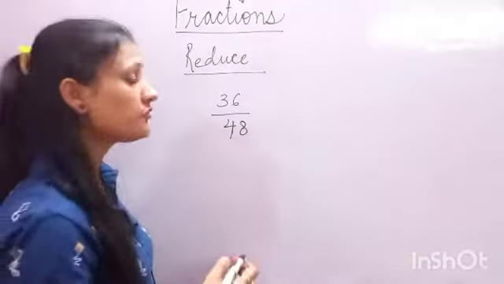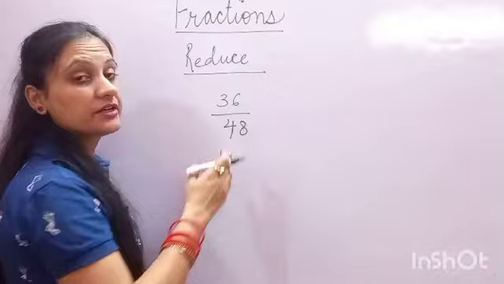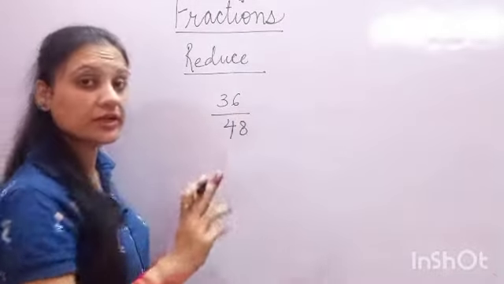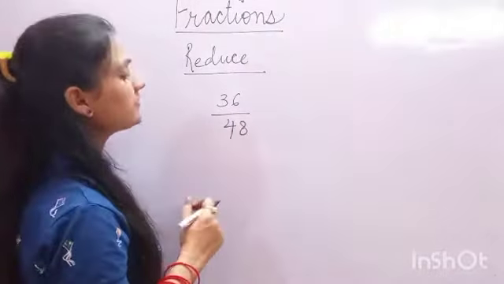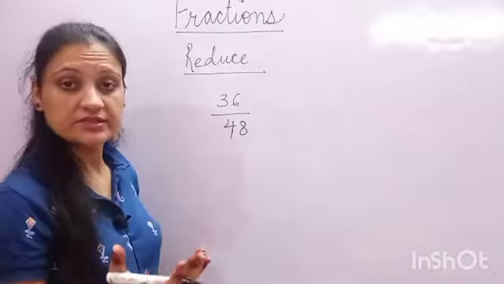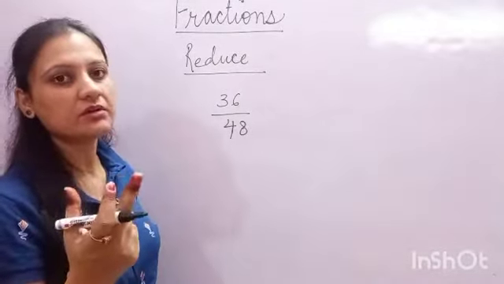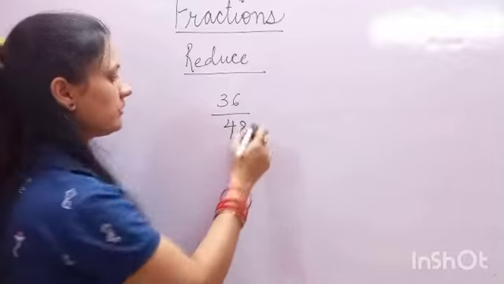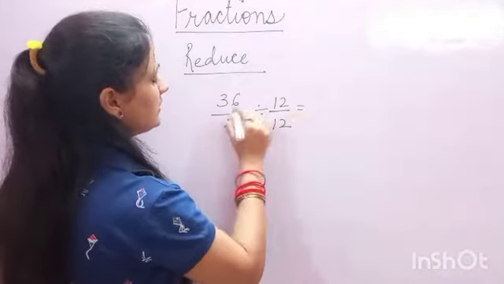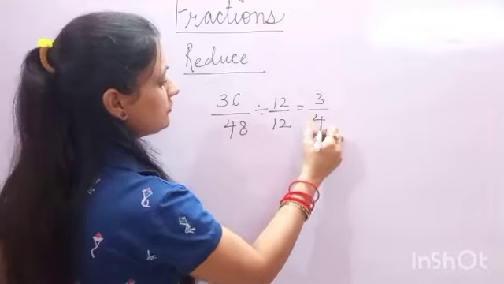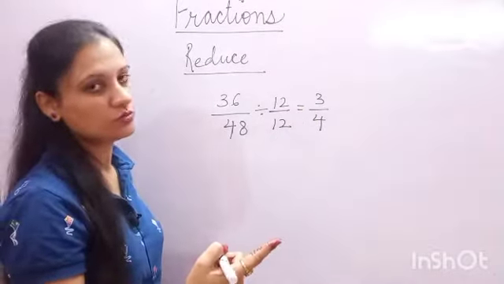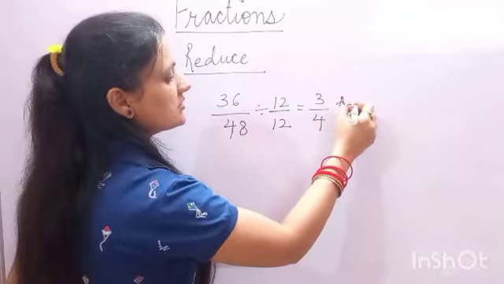First you have to find out with which number to divide. You have to find a number which can divide both the numbers. So let's say 2, yes. Any other number? 4, yes. 6, yes. Any other bigger number? By 12, let's do it by 12. See, if I divide both by 12, here it gives 3 and here 4. Can it be divisible by any other same number? No. So this is our lowest term.